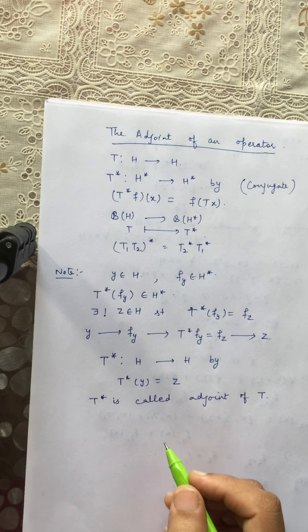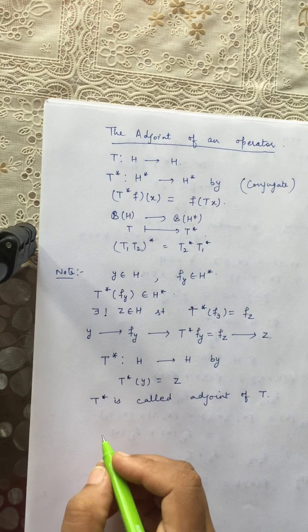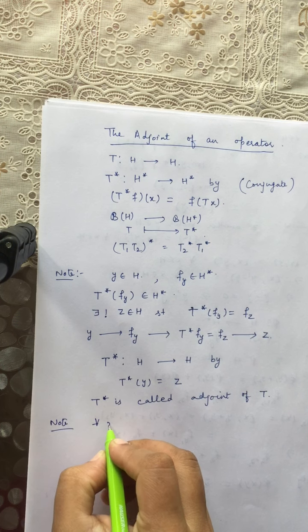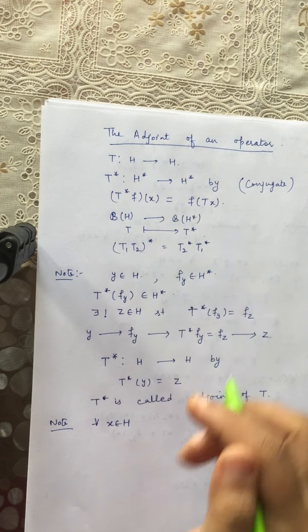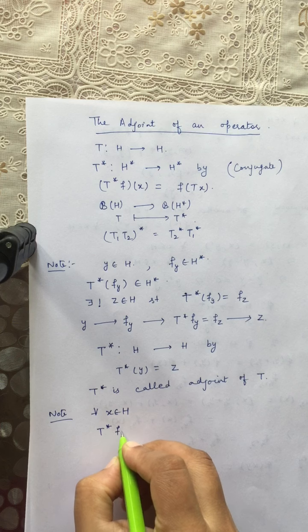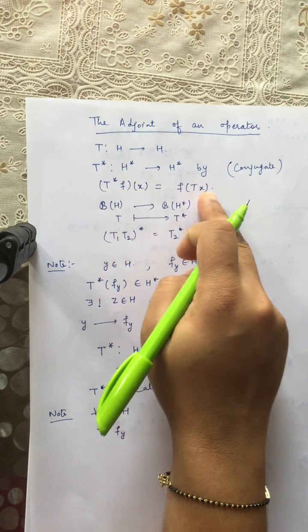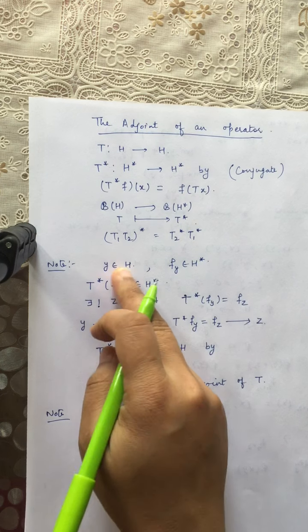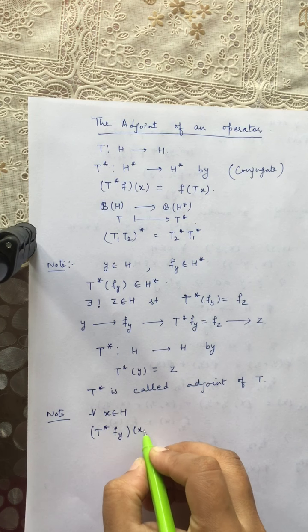From these observations we can say that for every vector x in H, since the conjugate is defined by T star of f at x is just f of Tx, we apply T star at fy, for y in H, at x.